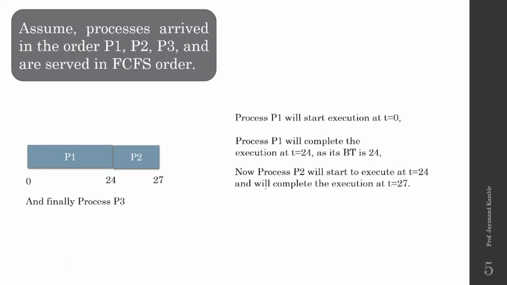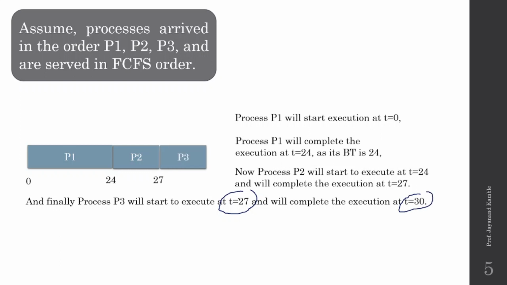Finally, process P3 will start to execute at t equal to 27 and will complete the execution at t equal to 30. In the diagram you can see P3 started at 27 and completed at 30.